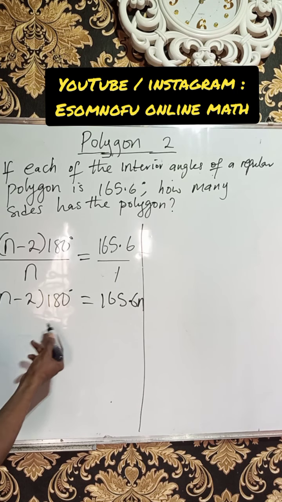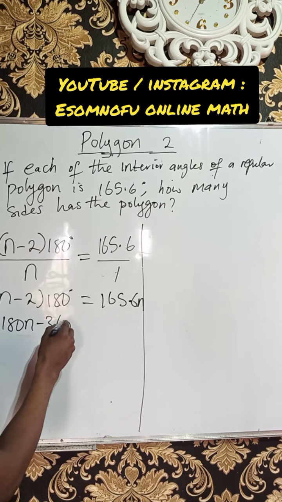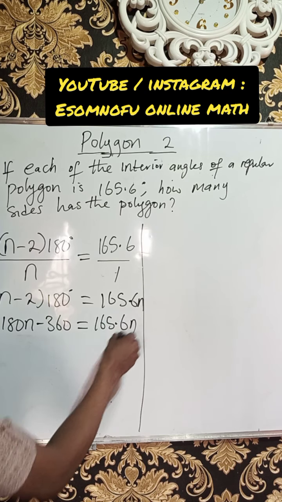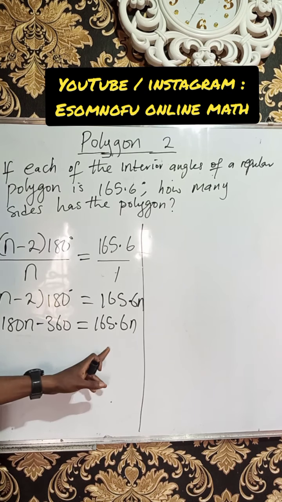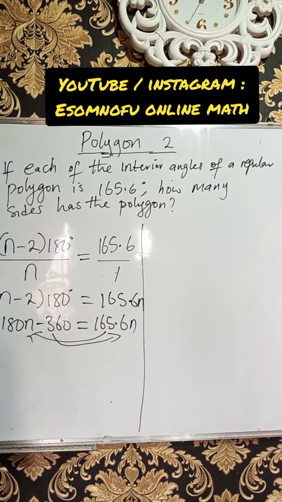I'll open the bracket. 180 times n is 180n. 180 times minus 2 is minus 360, equals 165.6n. Collect like terms. This will come here to meet this, while this 360 will move away. And as you move from one side to the other, your sign will change.